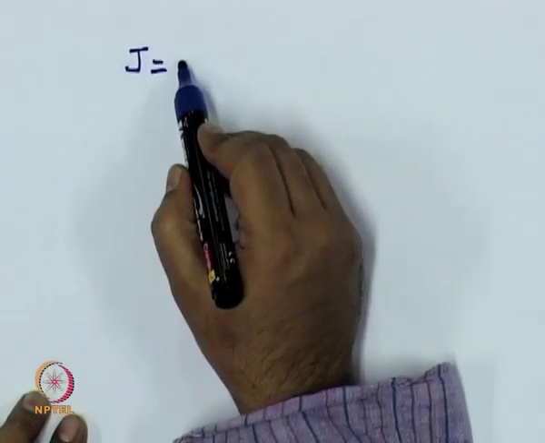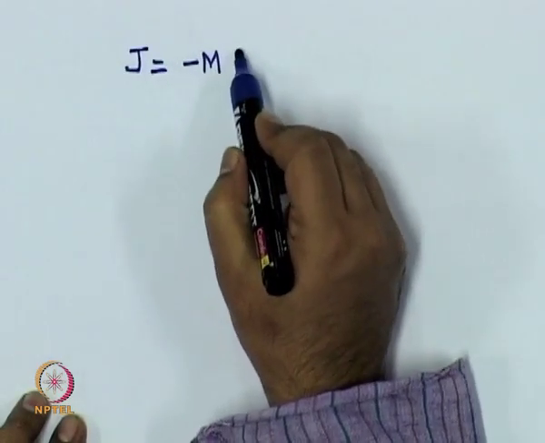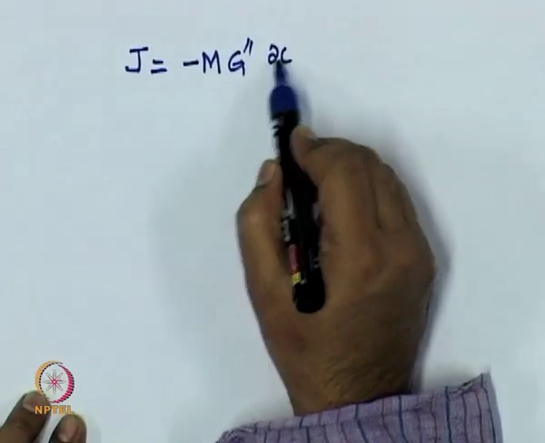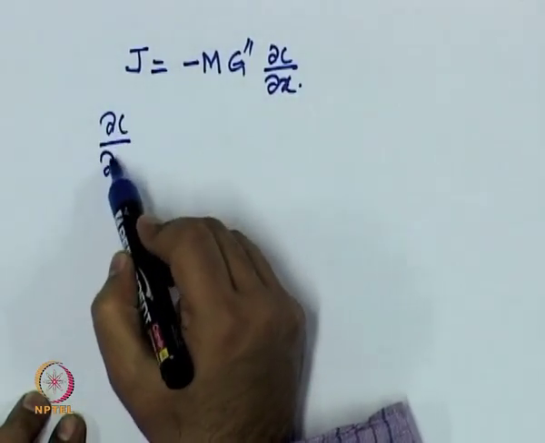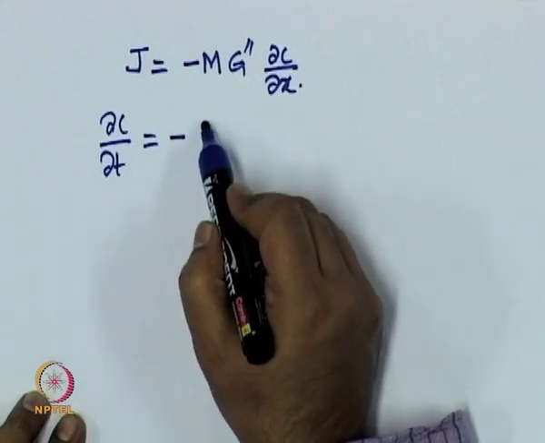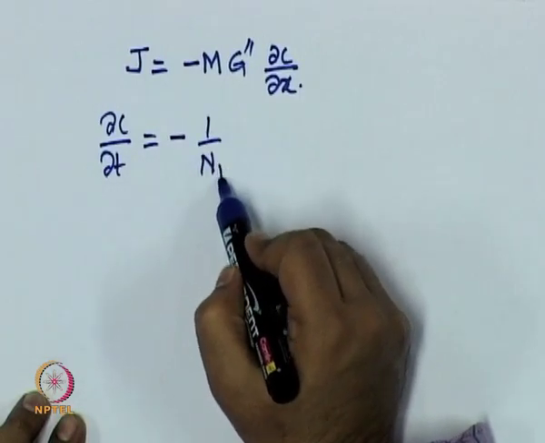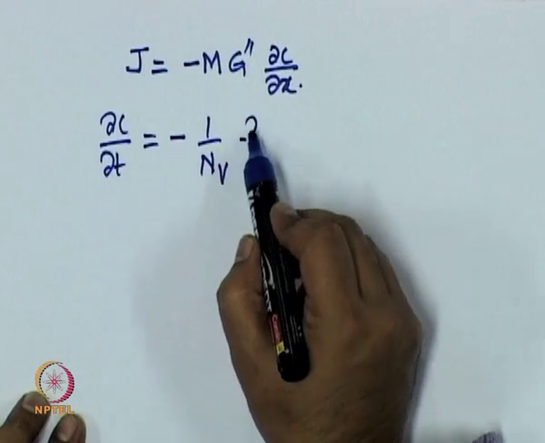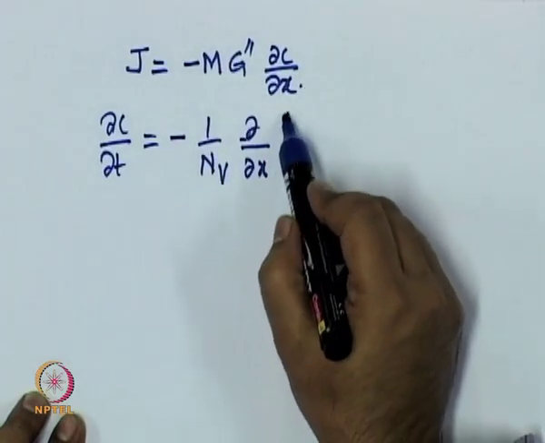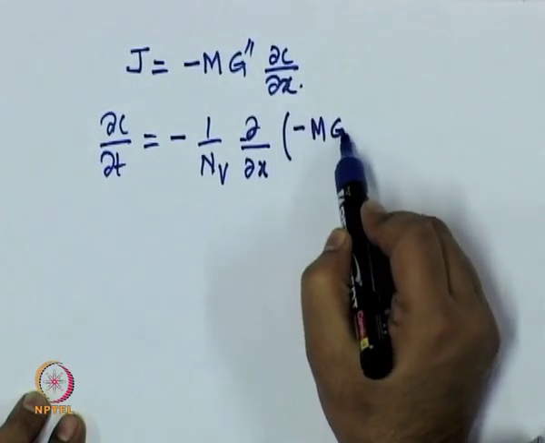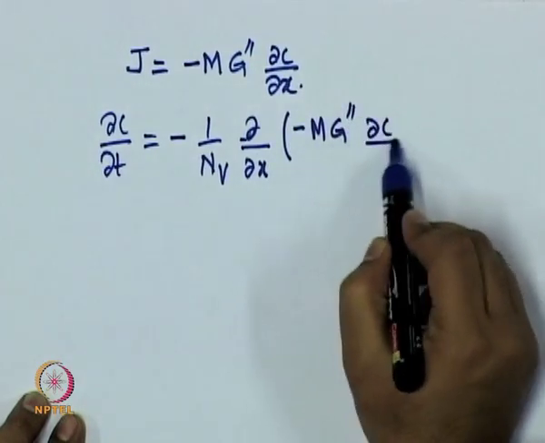So, let us do that. j is equal to minus M g'' ∂c/∂x, we had this expression, and ∂c/∂t is equal to minus 1 by N_V ∂/∂x of j. So, I am going to put this quantity here, minus M g'' ∂c/∂x.